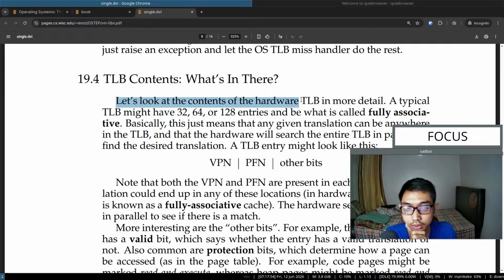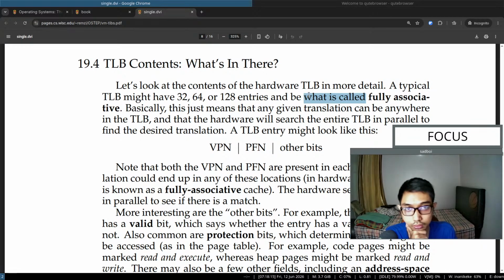Let's look at the content of the hardware translation lookaside buffer in more detail. A typical translation lookaside buffer might have 32, 64, or 128 entries and be what is called fully associative. Fully associative.